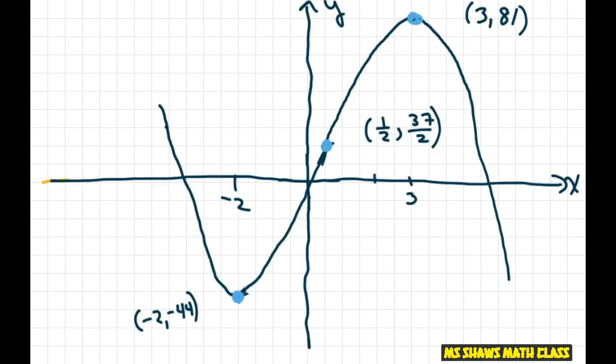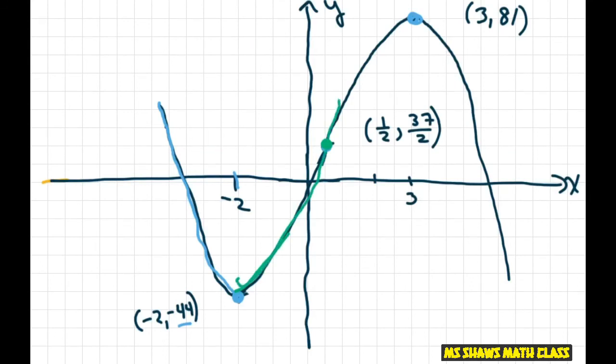So here's your max. We already got that. So we're doing a decreasing interval to -2. We evaluated -2 and got -44. Then this is our inflection point. So we're concaving up, concave up.